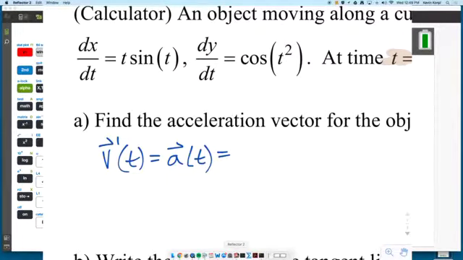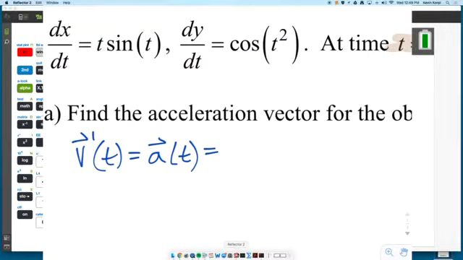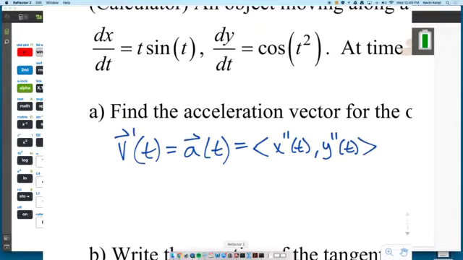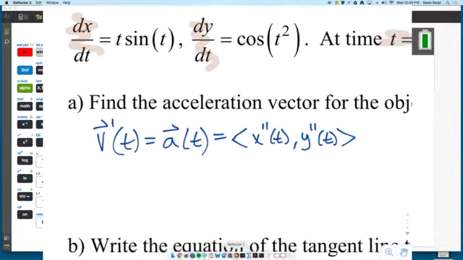And because I'm given dx/dt and dy/dt, I'm going to define that, first of all, by x double prime of t and y double prime of t. So what I just did there is I switched from Leibniz notation to function notation, which is okay. All right? You can certainly do that. So essentially, I've defined my acceleration in terms of the two equations that are given.